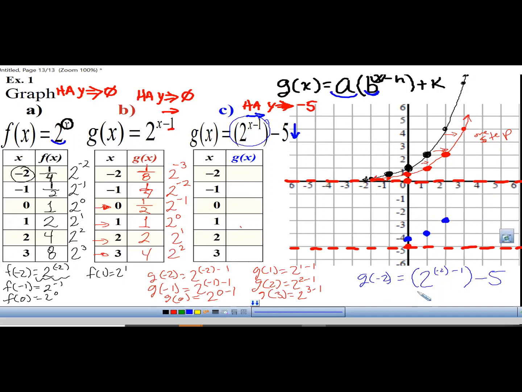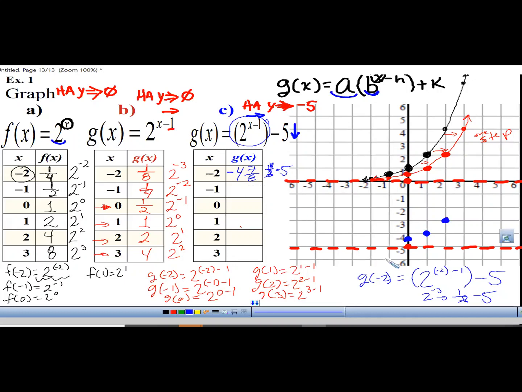So this is, let's see, 2 to the -3, which is 1/8. But at the end, I need to subtract 5. So I have 1/8 minus 5, which is -4 7/8.